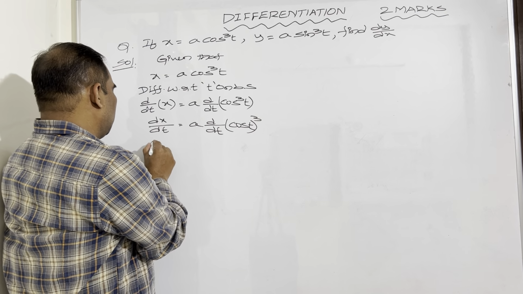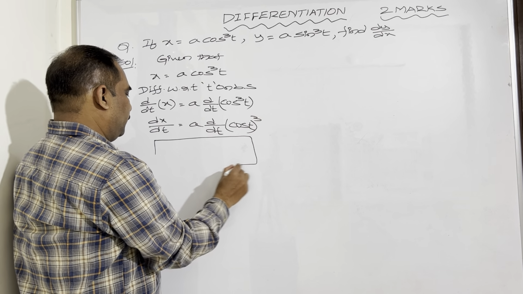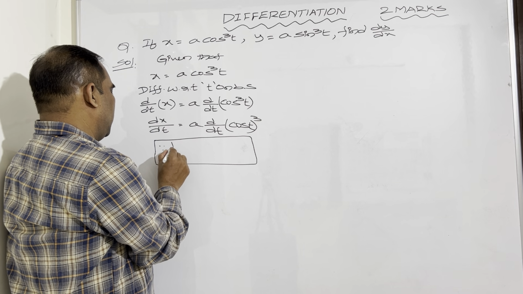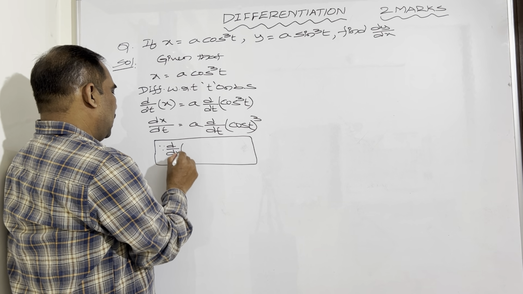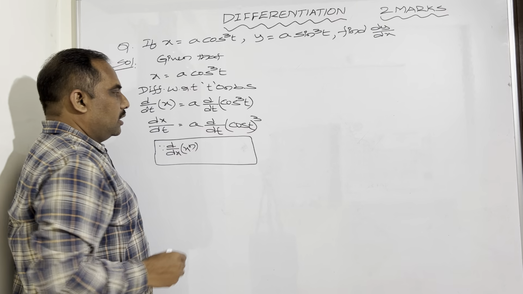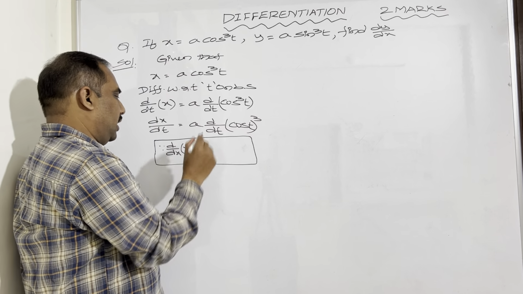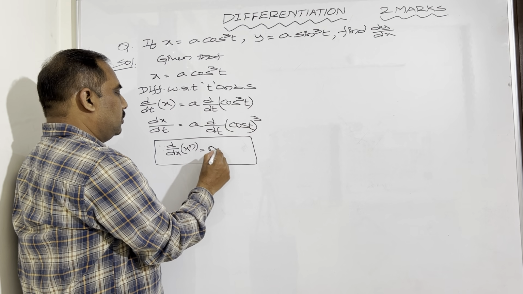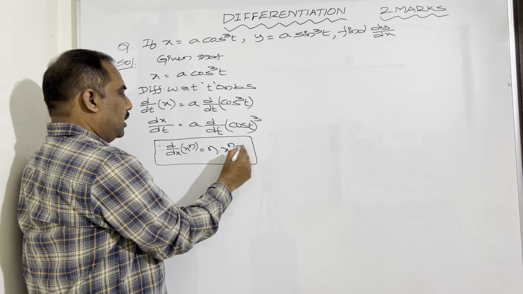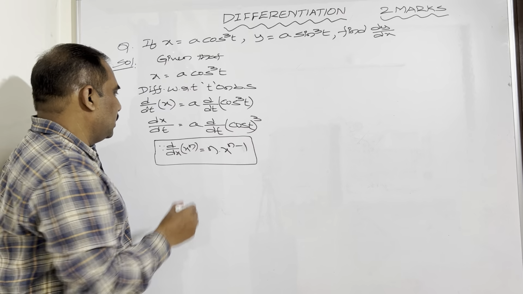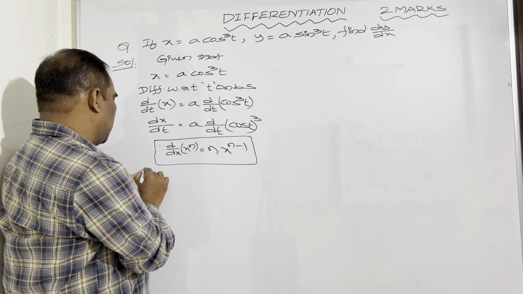Now the right hand side is in the form of d by dx of x power n. Here x is cos t and n is 3. The standard form is n into x power n minus 1, and same like that we can differentiate it.